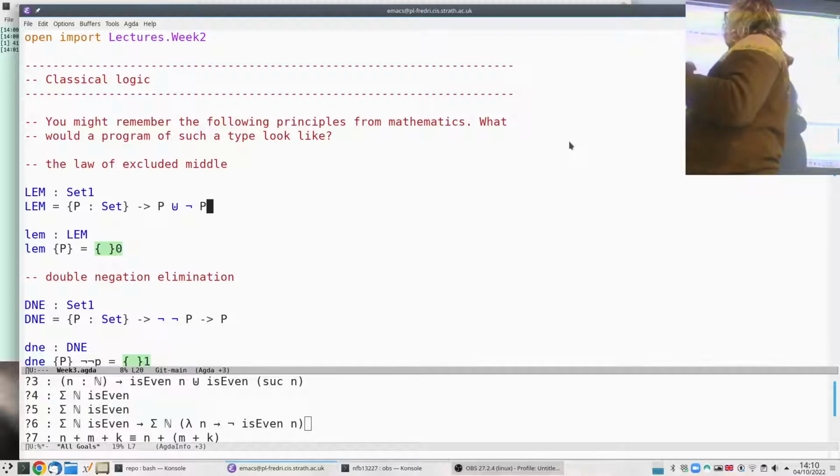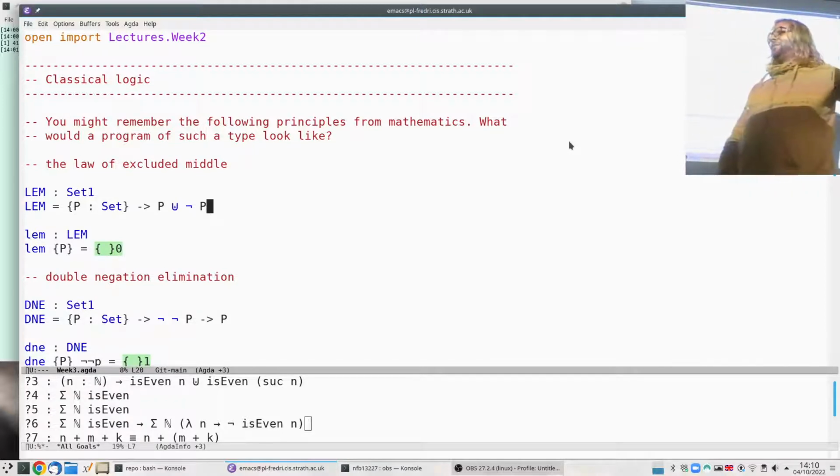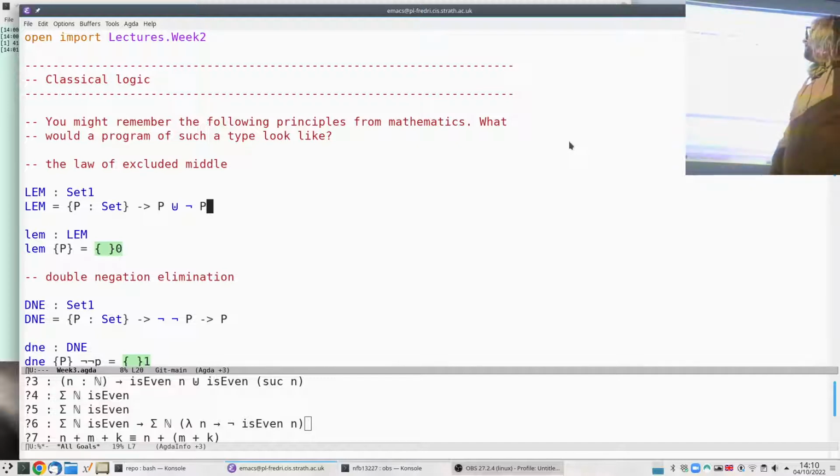And a function from the unit type, the unit type is exactly one element. So a function from a one element type to something else shows it's just the same thing as something else, right? So there's no information in getting an argument of unit type, because even before I give you that argument, you know it's going to be the only element that can exist in the unit type.